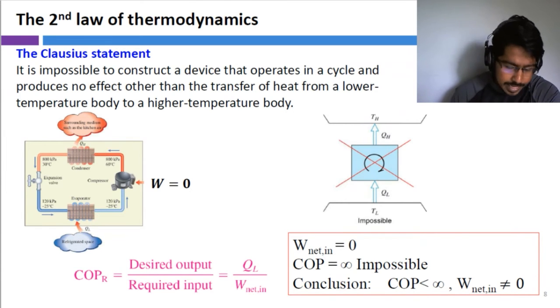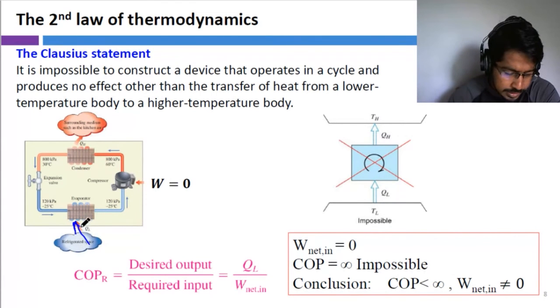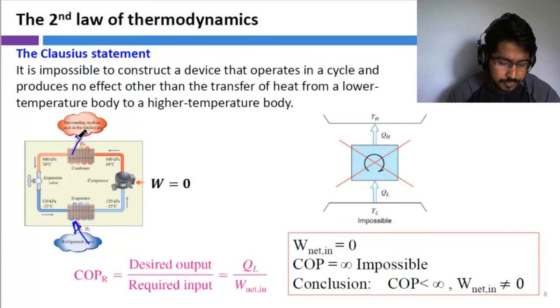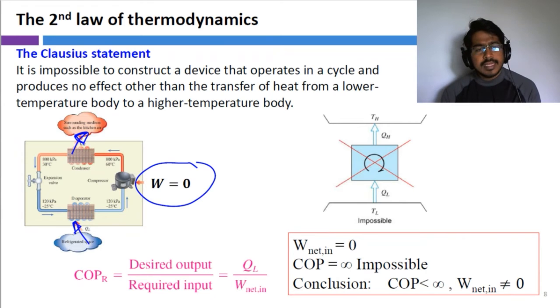So basically it says that we cannot have a refrigeration device or a heat pump that absorbs heat from a refrigerated space and ejects heat into your kitchen without any work input. If we had such a device, then you would not need to plug in your refrigerator.